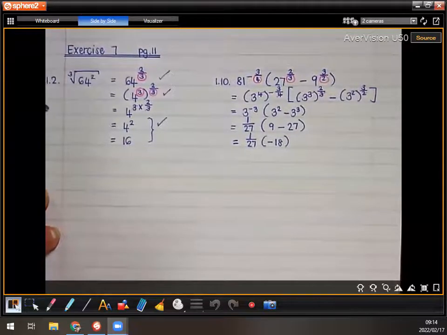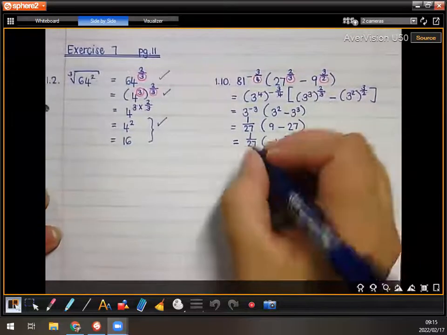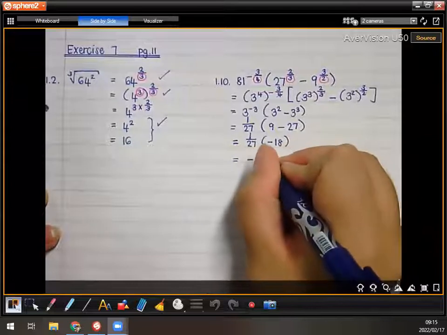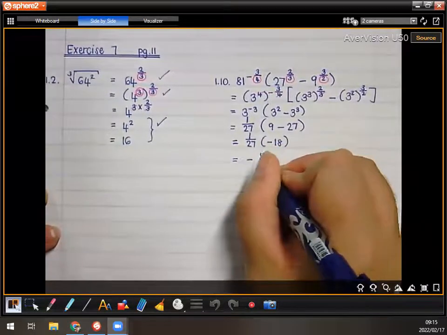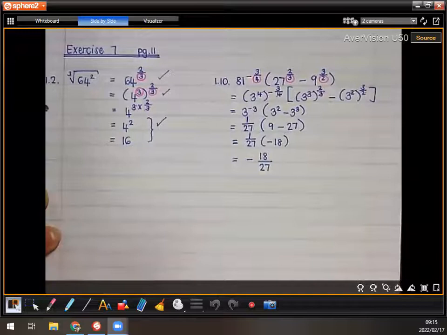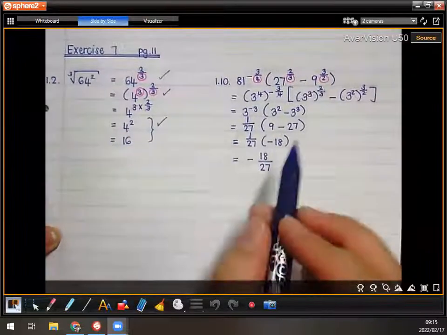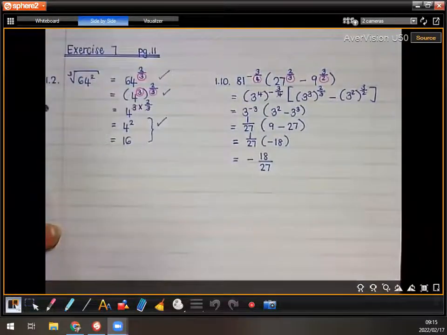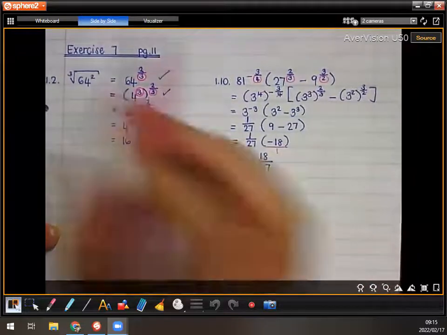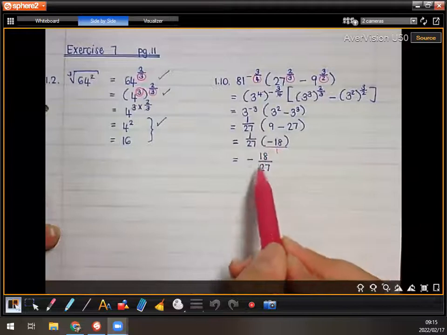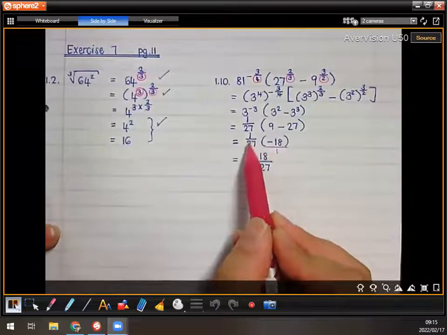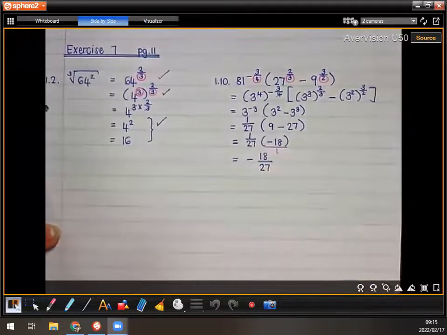Okay, and now we need to multiply those together, right? The quickest way of doing this, because remember you're technically not supposed to use your calculator, I would do that. So do we agree that negative 18 is just over 1? You see what I'm doing there? I'm just saying 1 times negative 18 is negative 18, and 27 times 1 is 27.